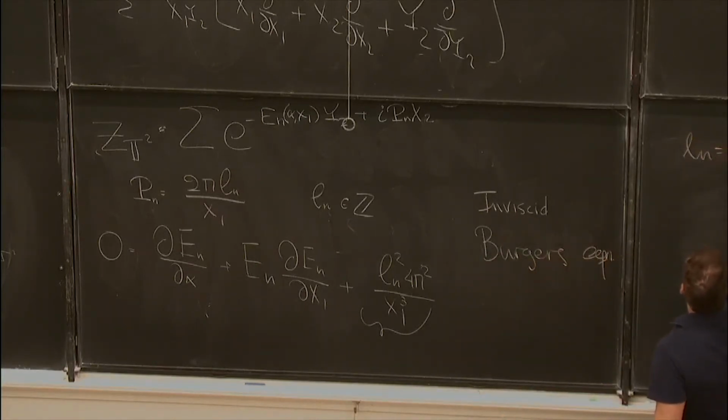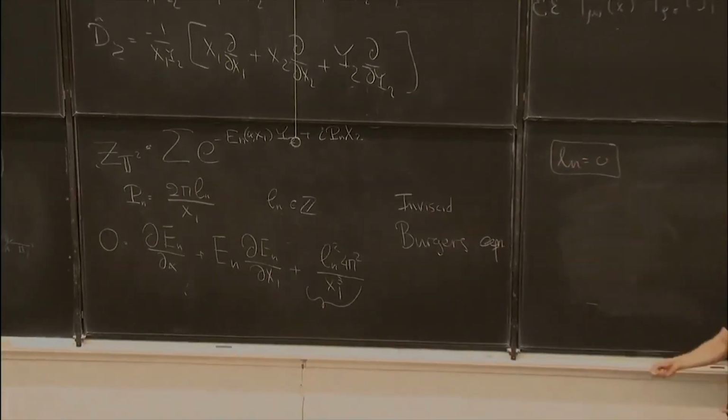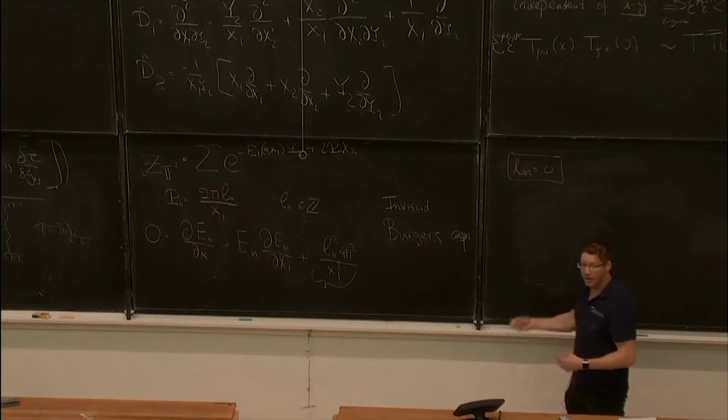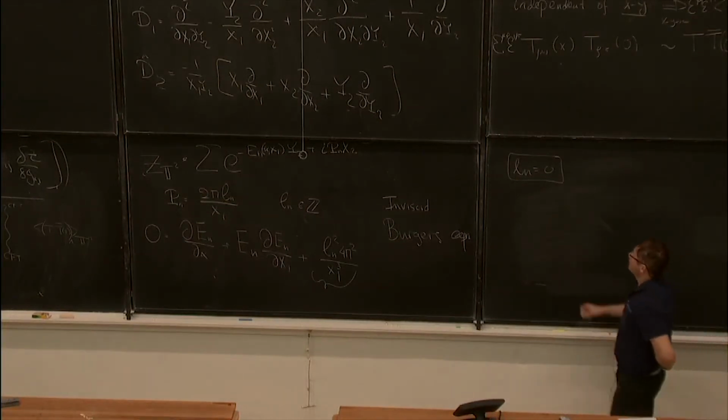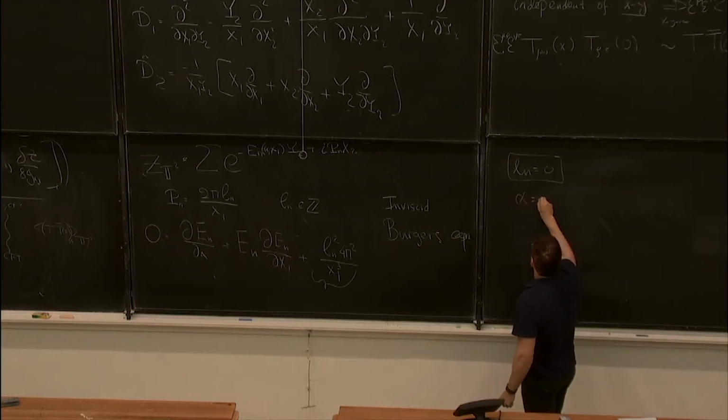Let's just take the momentum to vanish. That's the first assumption. Let's assume that we're looking at the energy levels of some momentum zero eigenstate on the circle. And let's further assume that at alpha equals 0, we have a conformal field theory.